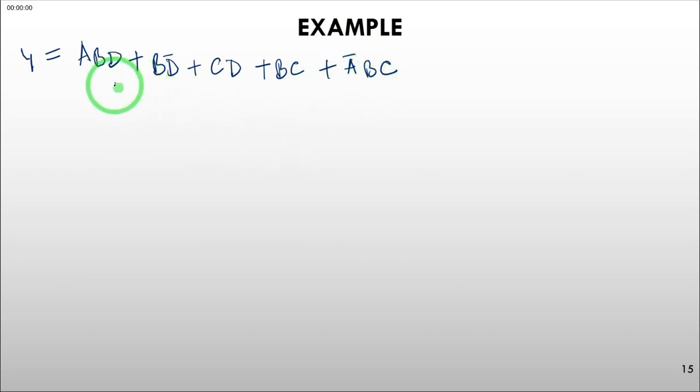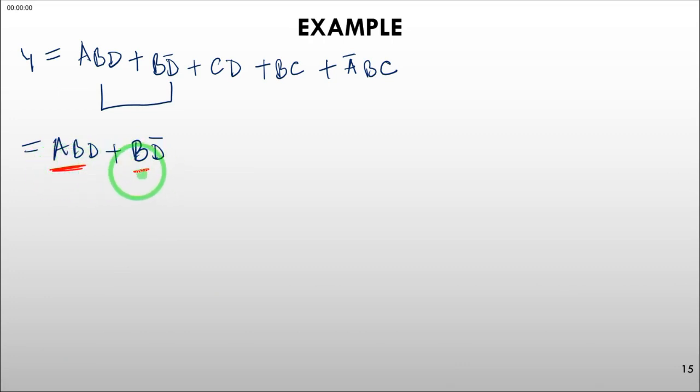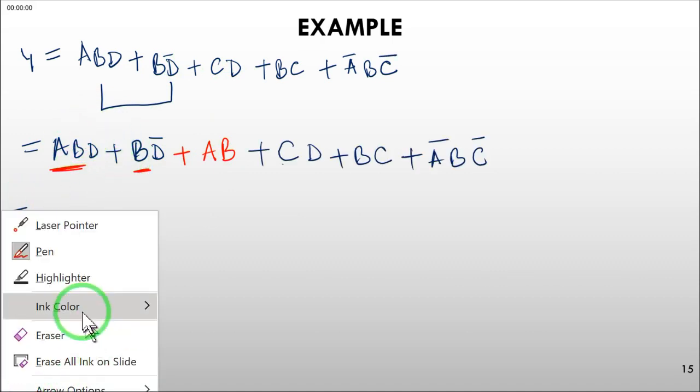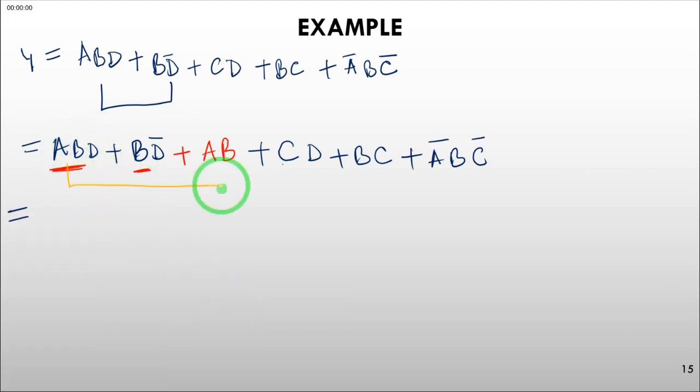So again, we observe that in these two terms there is one term that exists in two forms, which is D, and therefore we can express it as follows: ABD, and then we produce the product of this term and this term, which becomes ABD, because B dot B is B. Then we write the others, and again once we look at that expression, we observe that this term and this term have one common term, AB, which when we factor out, we will have AB into bracket D or 1, which we say that we can strike out and we are left with AB.